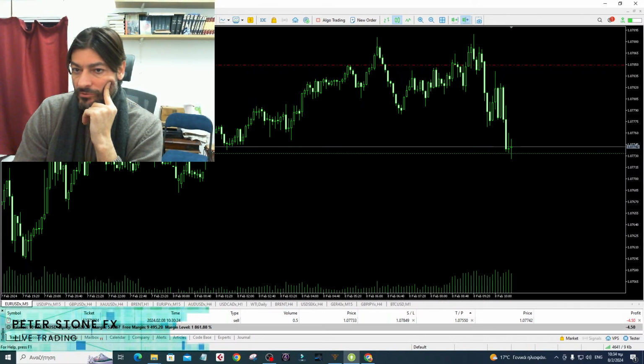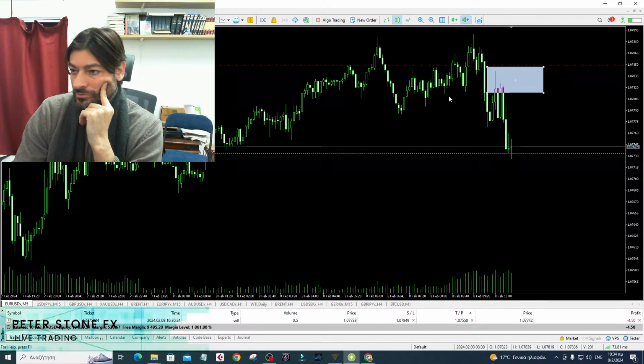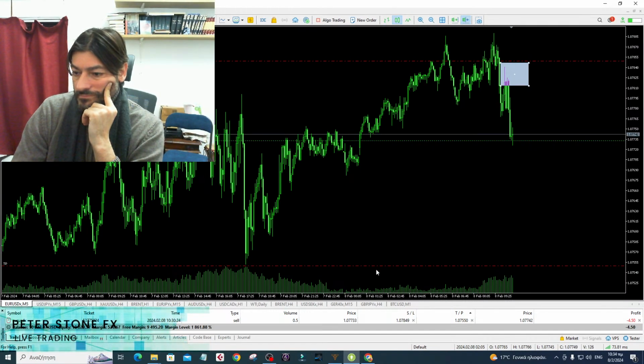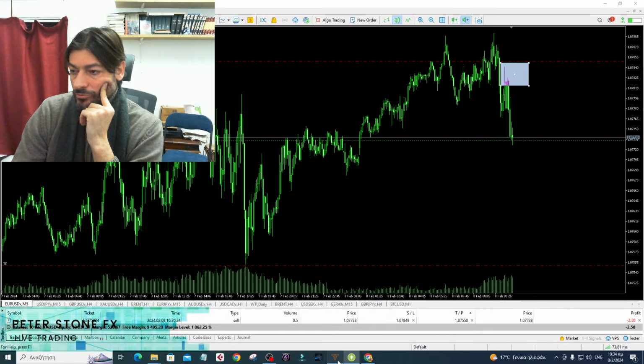You see this fair value gap, it tested. We have market structure, we have buy side liquidity, sell side liquidity, boom boom. So here we are going lower. So let's see how that will unfold.